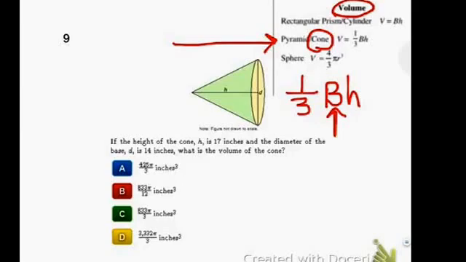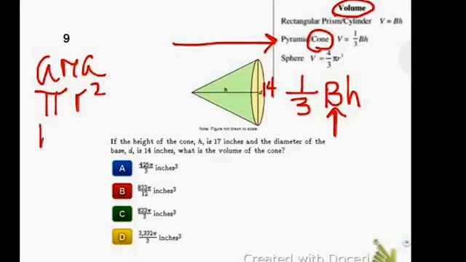So I need to find my area of the base, which is a circle. So that's going to be pi times r squared. And if my diameter is 14, that would make r 7. So pi times 7 squared is going to give me 49 pi.